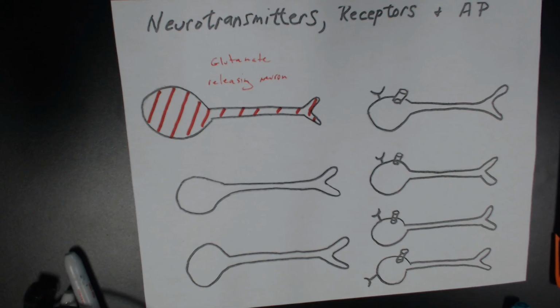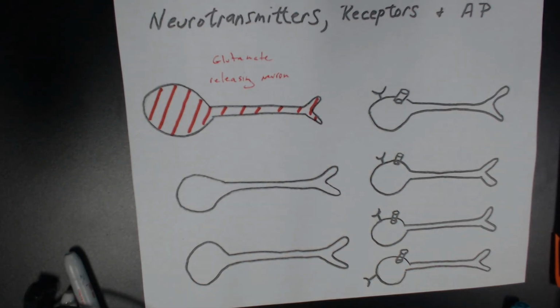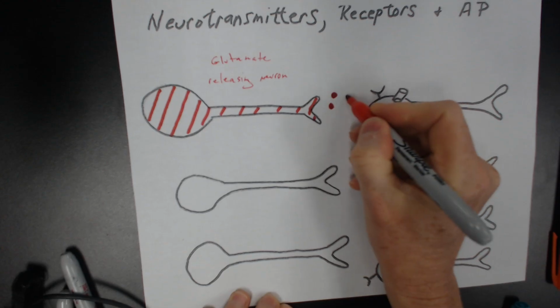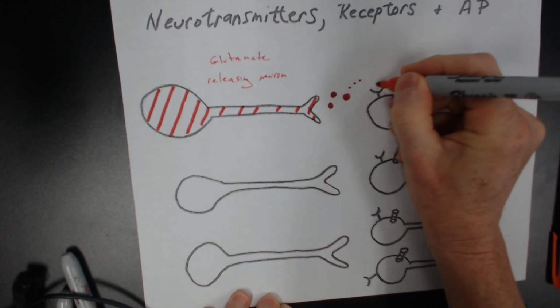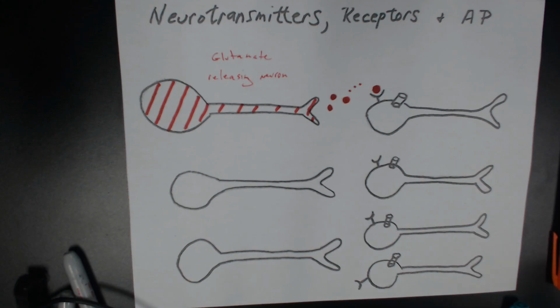So if you see the red color, is glutamate an excitatory or inhibitory neurotransmitter? Does anybody remember? Excitatory, yes. The main excitatory neurotransmitter in the CNS is glutamate. I'm going to represent my glutamate here as my neurotransmitter being released, and then binding on that postsynaptic receptor.